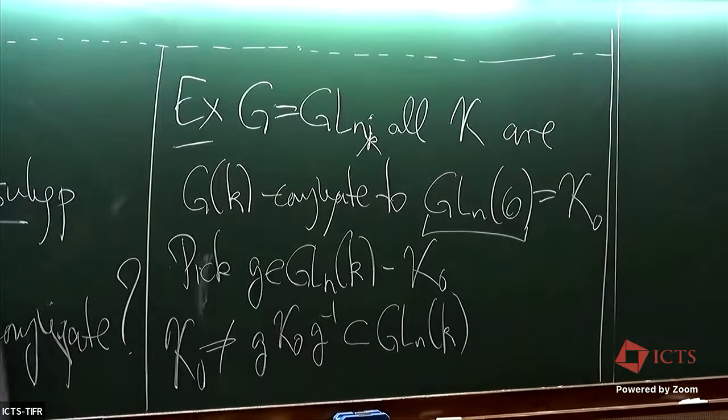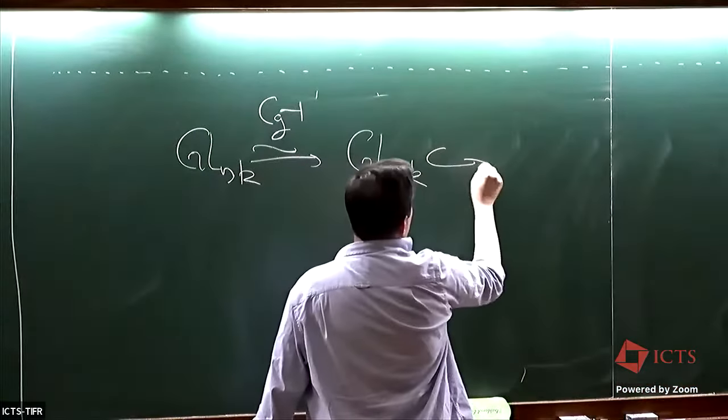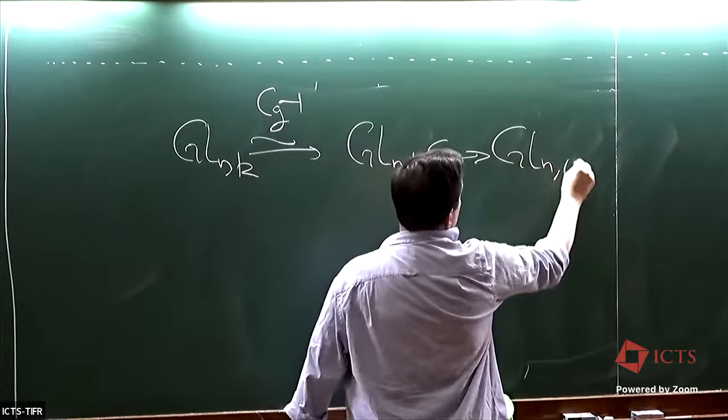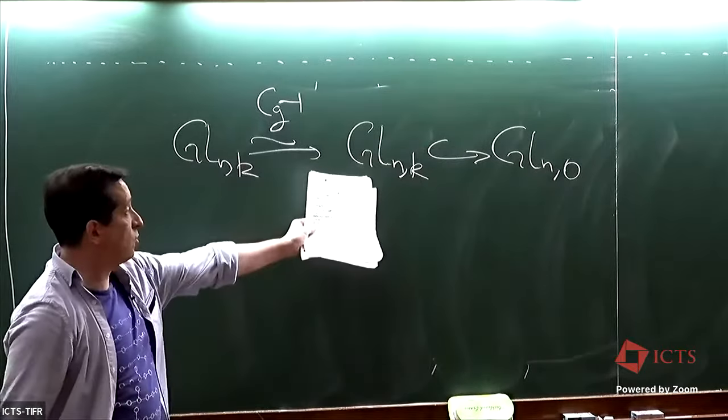For this conjugate, we can introduce another integral structure on the group. So we think about GLn over k, and we use conjugation by the inverse of g to go back to GLn over k. Now this sits inside GLn over O. So this is an algebraic group over k.